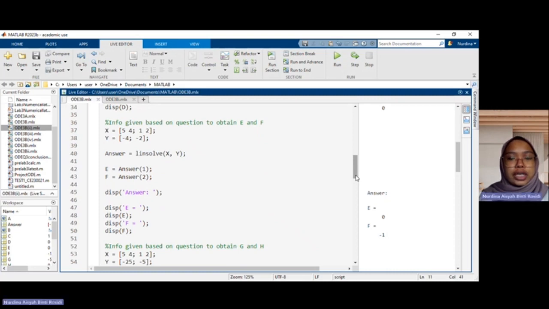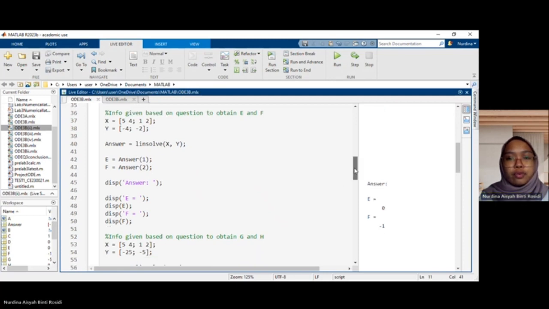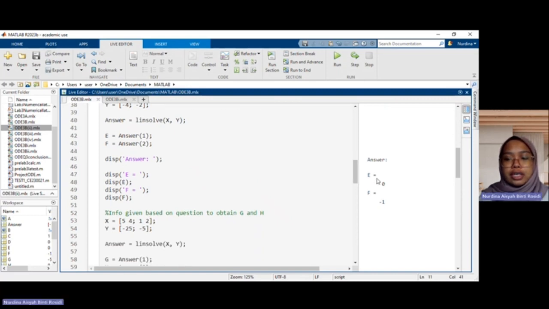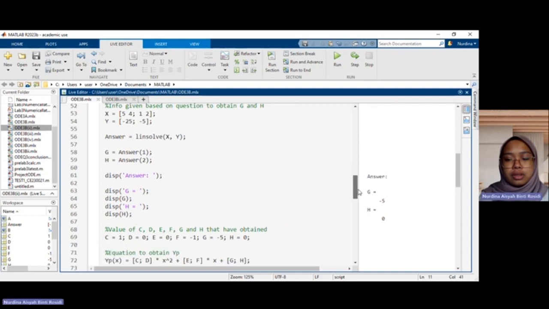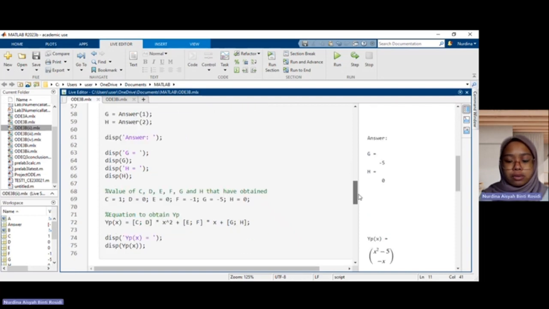Same goes for E, F, G, and H. It uses the same steps as when we want to find C and D. When we run, the answer for E is 0, F is negative 1, G is negative 5, H is 0.